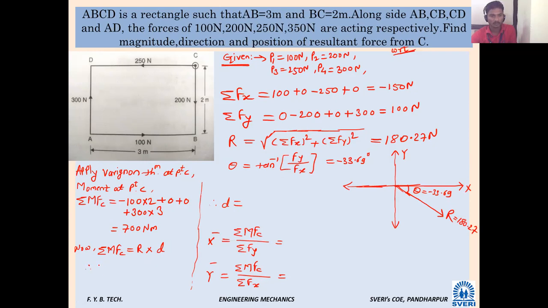So what will happen here? 700, already calculated, equal to R into D, where R is 180.27.